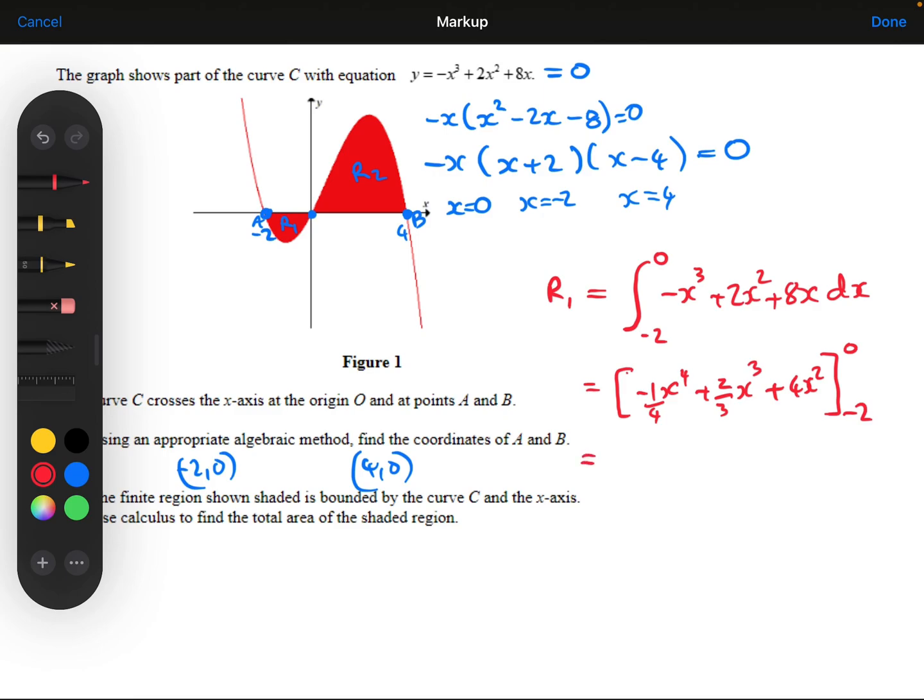Substituting the limits in, so substitute the 0 in first. We're substituting the 0 into all of those terms, we'll just give 0. Now substituting the minus 2 into all of those terms.